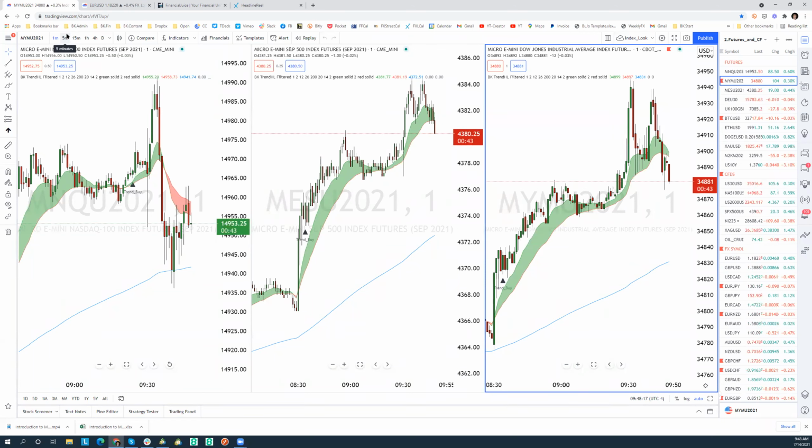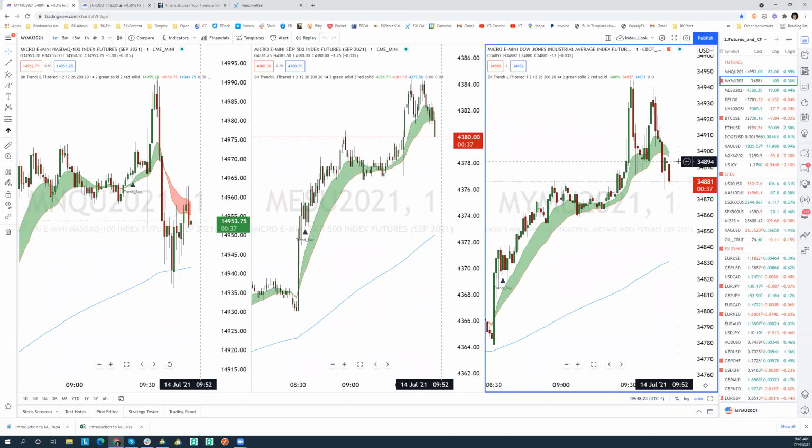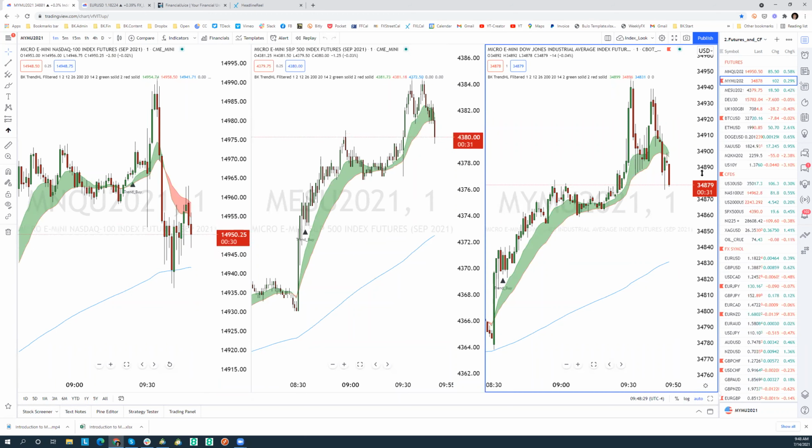Dow is also curling into a corrective mode over here. So again, it becomes about a change of trend.